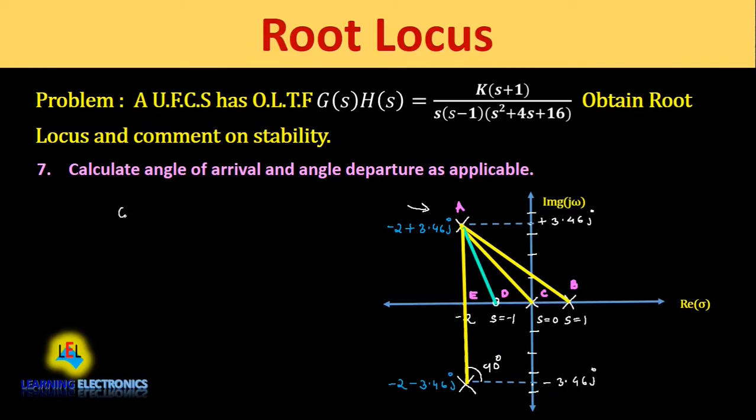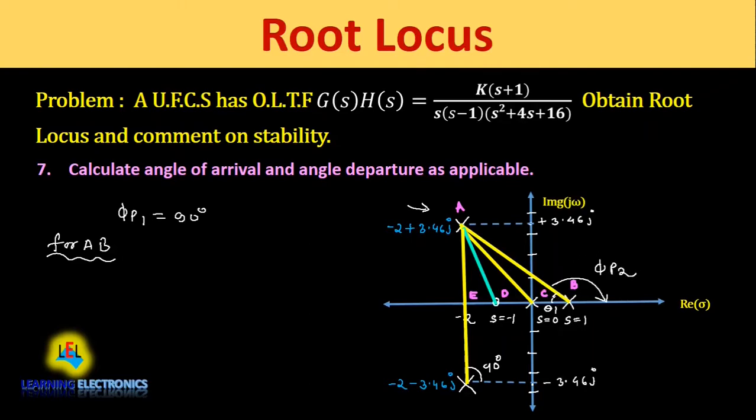That means phi P1 we are getting 90 degree. Now we have to take this AB phasor. Let us take this angle as theta1. If we find out this angle theta1 and subtract it from 180 degree, we can find out the total angle which this phasor is making with the positive real axis. So this angle will be phi P2.